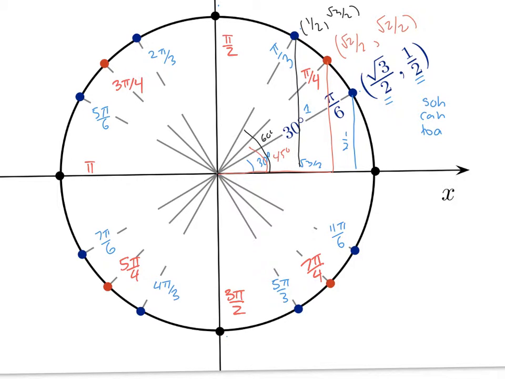I claim that that's all you have to memorize, because once you have that, everything else is a reflection and paying attention to signs. So this point 2 pi thirds, that's this point at pi thirds reflected over, right? Does that make sense? You can get this by, it's sort of there's symmetry. This side is then a negative number, that side's a positive number, right?